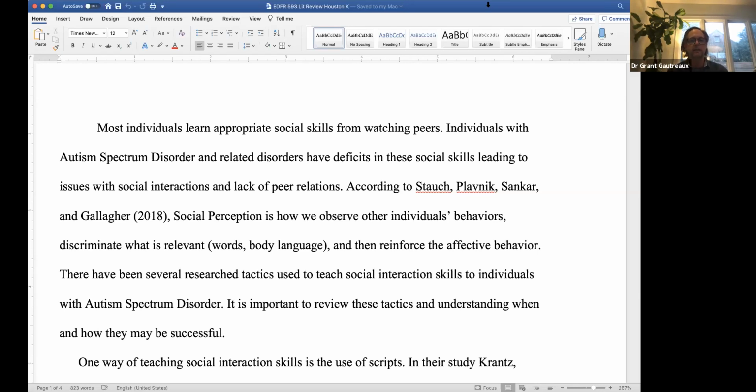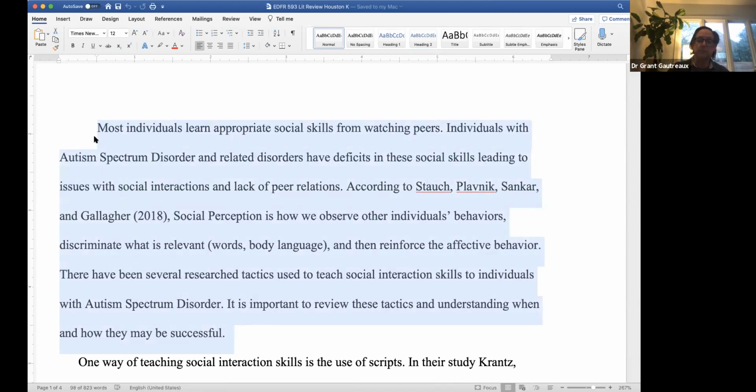So according to my friend Josh Plavnik, social perception, and I don't think that needs to be capitalized, all right, is how we observe other individuals' behaviors, discriminate what is relevant, then reinforce the effective behavior. So that's the intro. That's the broad statement. I think it's broad.